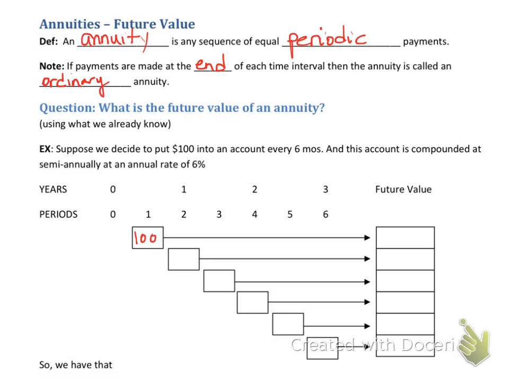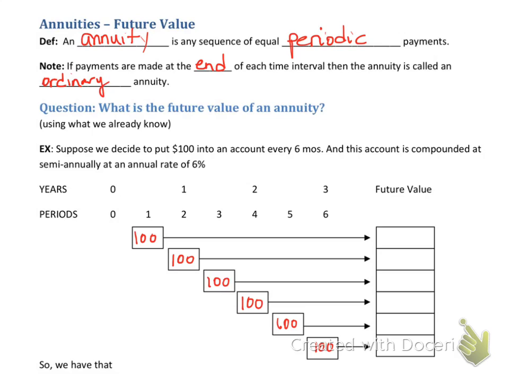If we put $100 into this box at the end of the first half year, the first 6 months, that $100 is going to accrue interest over the next 6 compounding periods, right? From 1 to 2, from 2 to 3, 3 to 4, 4 to 5, 5 to 6. That's actually 5 intervals. It's going to have time to accrue interest. The second $100 is not going to have the same length of time to accrue interest, and so on all the way down each $100.